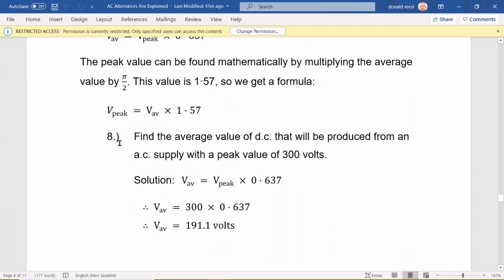Question number 8. Find the average value of DC that will be produced from an AC supply with a peak value of 300 volts. So our solution: V average equals V peak multiplied by 0.637.